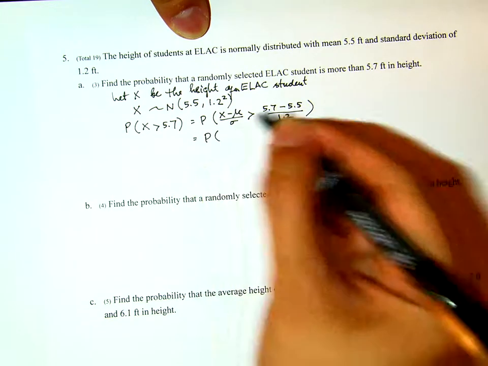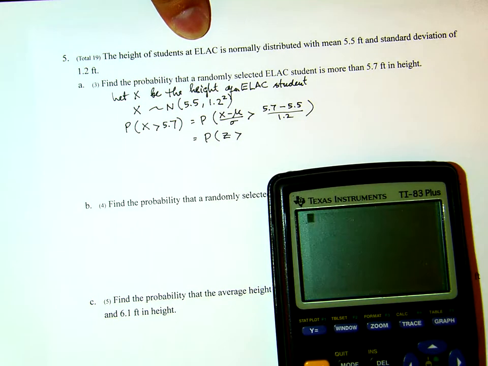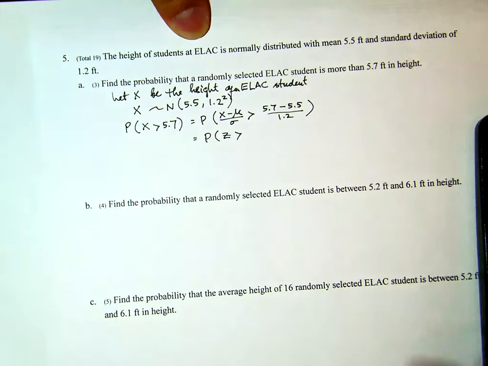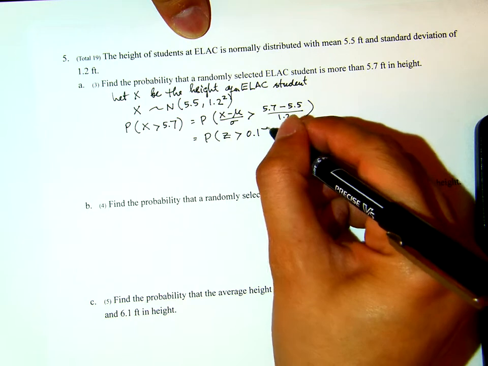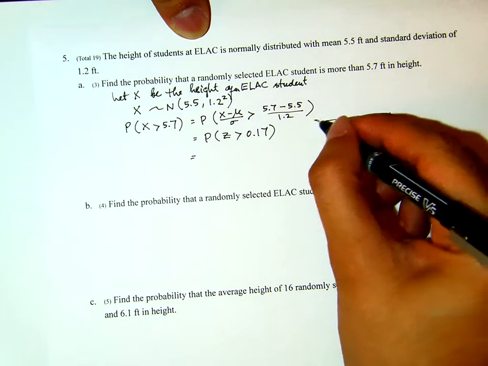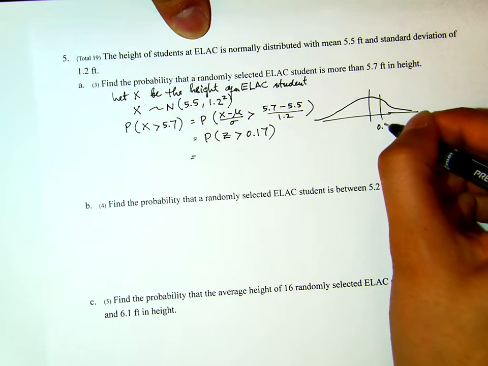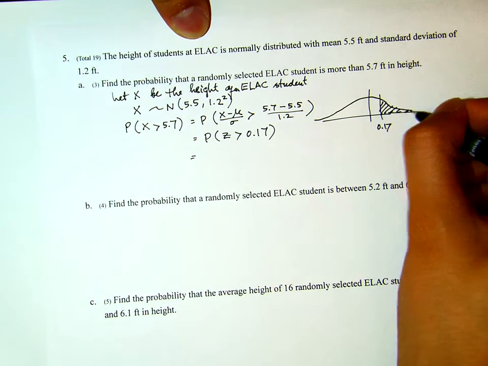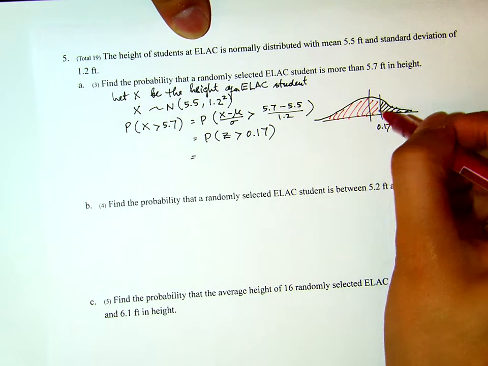The probability that Z is greater than (5.7 minus 5.5) is 0.2, divided by 1.2, which is 0.17. But if I want to use my table, the number here is greater than 0.17, while the table gives us the area to the left of that number.